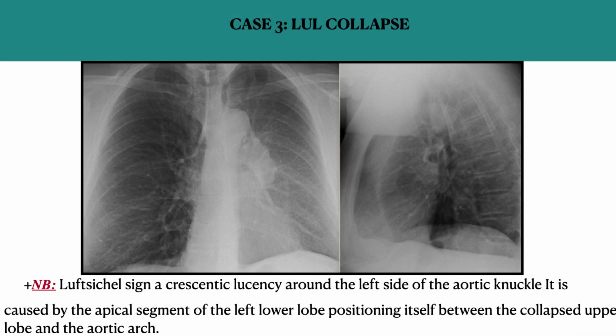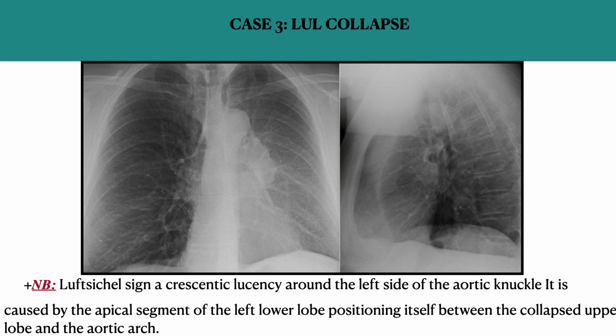And here, starting with the frontal view, we can see a veil-like density which covers much of the left hemithorax due to the lack of aeration within the collapsed upper lobe. Then we see that the left heart border is obscured, and also the left hilum is elevated.